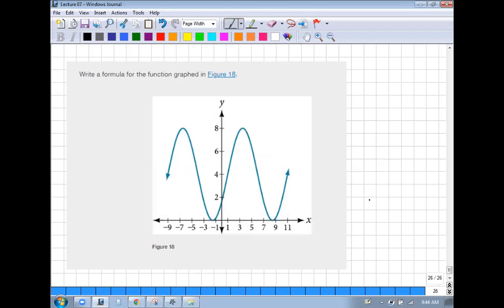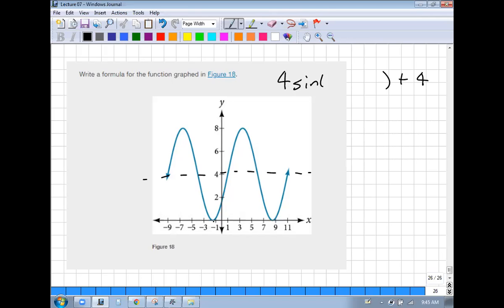All right. Let's see. Here's our midline. So this one looks like a shift and a compression as well. It's been moved up by 4. So let's say we use sine to model this. The amplitude from 4 to 8 has to be 4. Okay, let's look at the period.